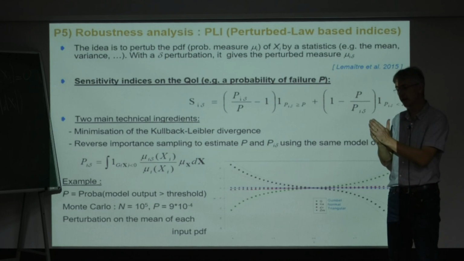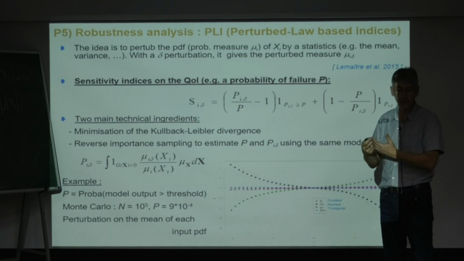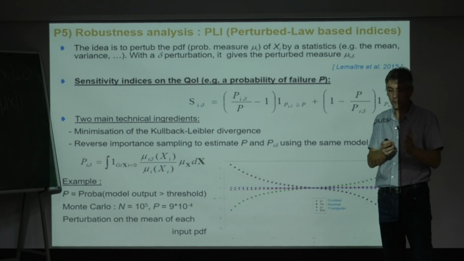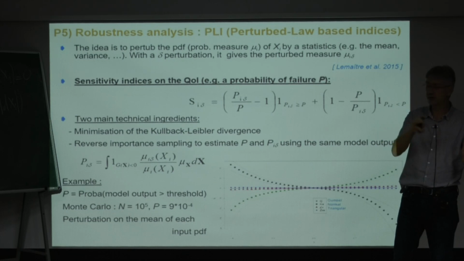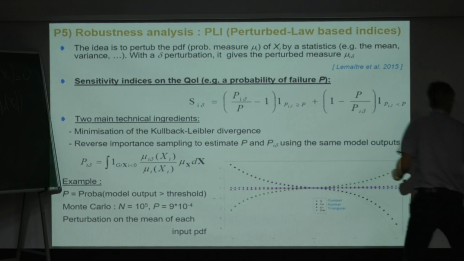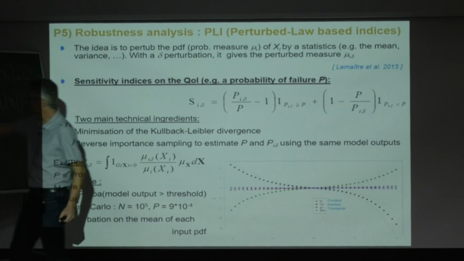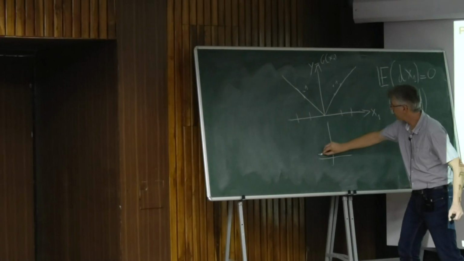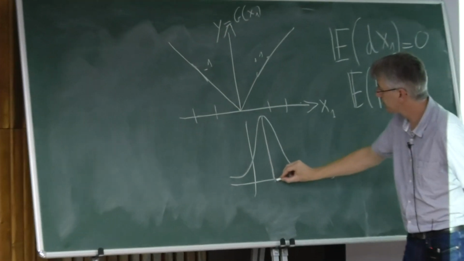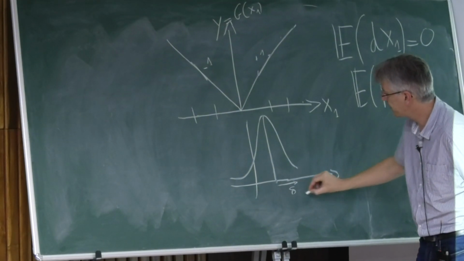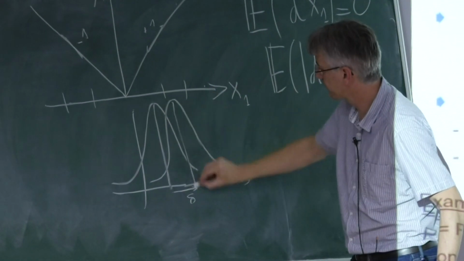We perturb this mean, and we rebuild the perturbed distributions. When the initial distribution is Gaussian, it's very nice because the perturbed distribution is also a Gaussian. You have an initial PDF, you say that my mean is perturbed by delta, and so the new PDF is this.